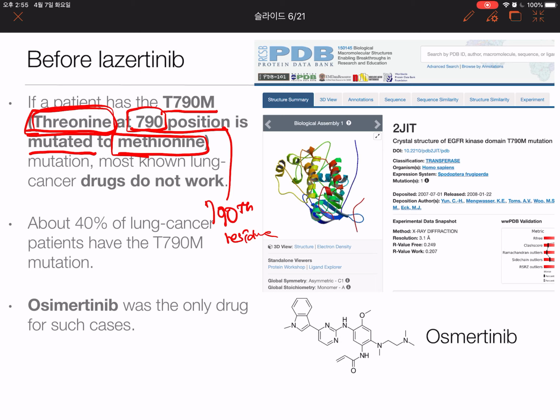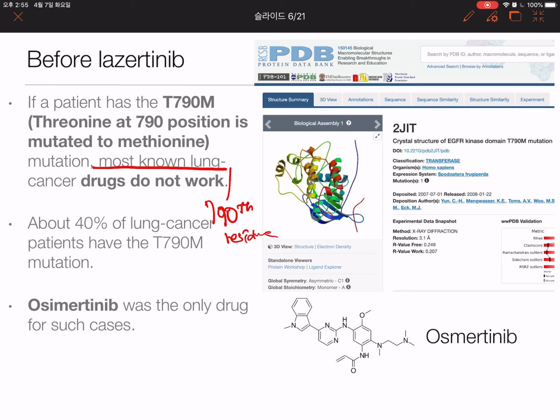But sometimes if a mutation happens, mutation means an amino acid is changed from one to another, right? So if the mutation happens from threonine to methionine, then most known lung cancer drugs do not work, because most known lung cancer drugs are designed to work with the wild type protein, which has threonine at the 790th position, right?